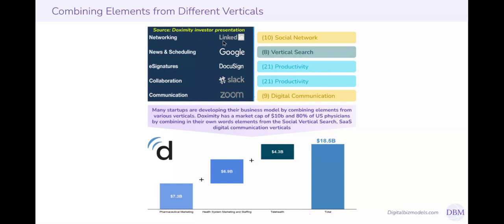They have a networking aspect like LinkedIn, a search and news and scheduling aspect like Google, signatures like DocuSign, and Zoom for telemedicine. All up, the three major markets they're playing in have a market size of 18 billion. Their own market cap sits at 10 billion currently, and they're flourishing.